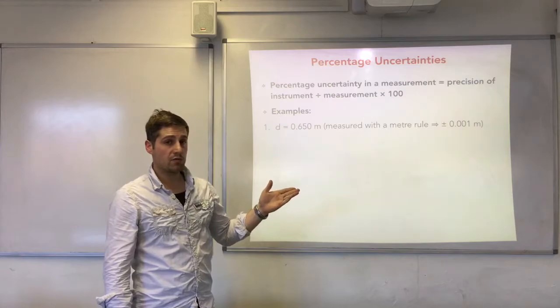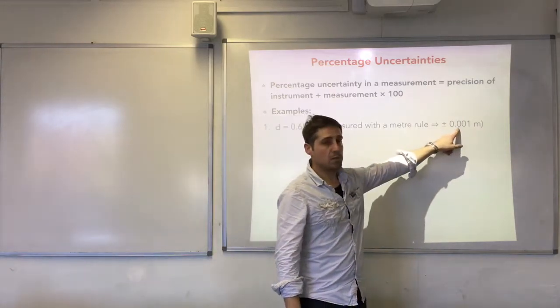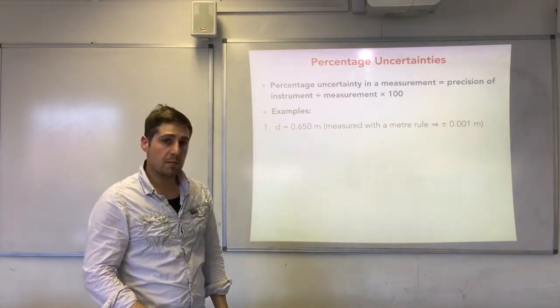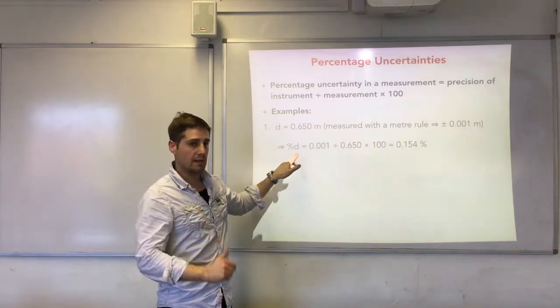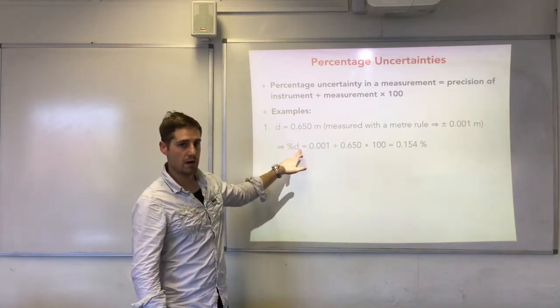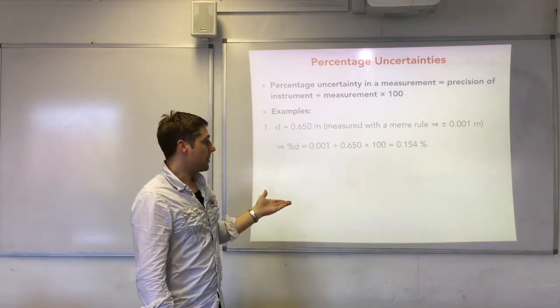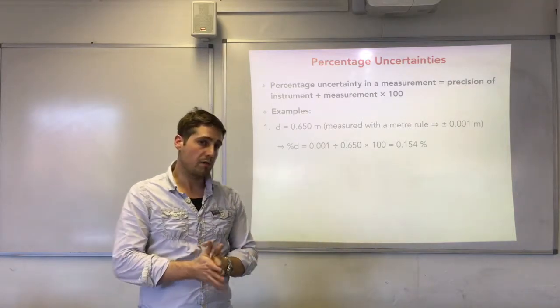That's measured with the meter rule. So from that I can ascertain that the absolute uncertainty is plus or minus 0.001 meters. The percentage uncertainty for D, which I'm going to write, all my percentage uncertainties I'll write as the percent then the variable, would be 0.001 divided by 0.650 multiplied by 100. That gives me 0.154%.